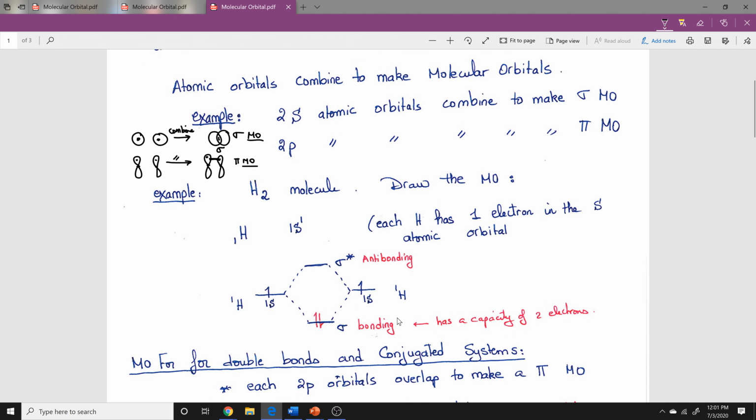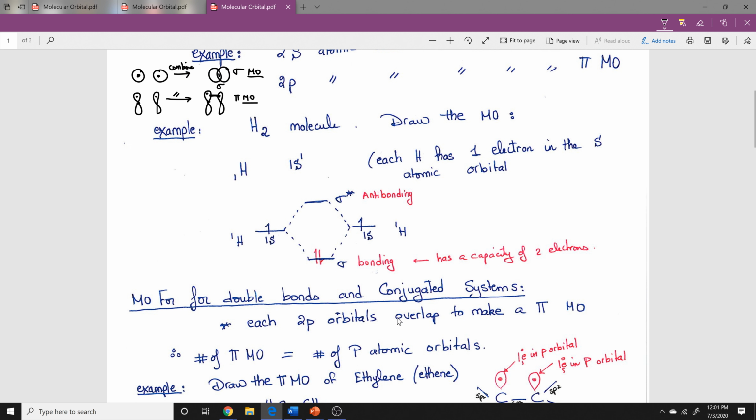So let's have an example of the hydrogen molecule. If you want to draw the molecular orbitals of hydrogen, I know that hydrogens have a covalent bond, right? The bond is a sigma bond. So let's go ahead and draw that in the molecular orbital there. Hydrogen has one atomic orbital, so its electronic configuration is 1s1.